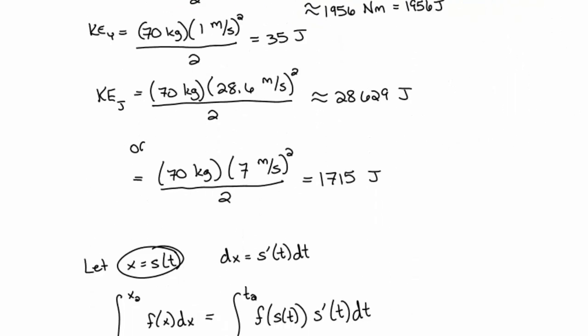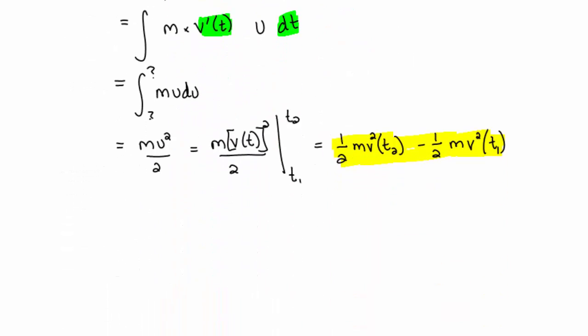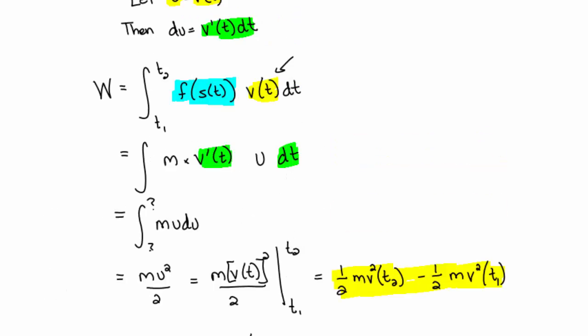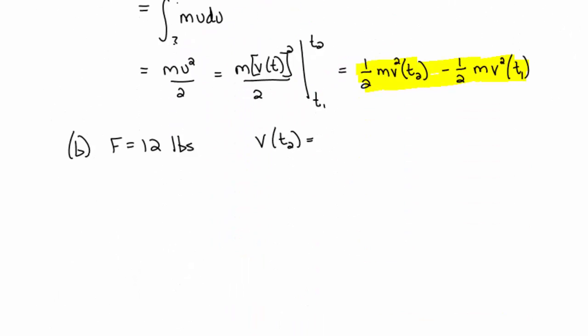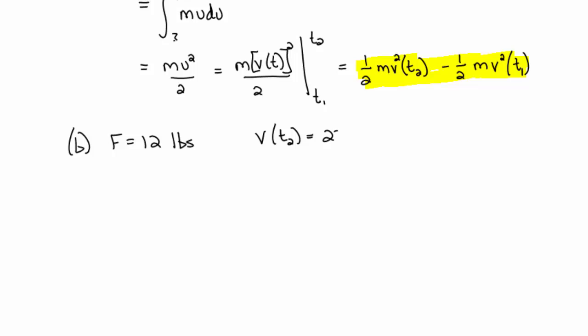All right, so I'm going to start writing down the details of this problem, part B. We know the force is going to be 12 pounds. Remember, pounds is a force. And the velocity, at least at the end, is going to be, was it 12 or 20? I can't really remember. 20 miles per hour. That's a problem.